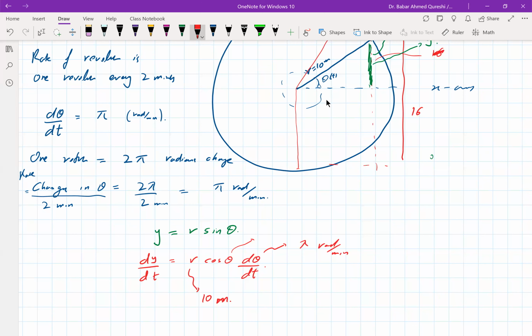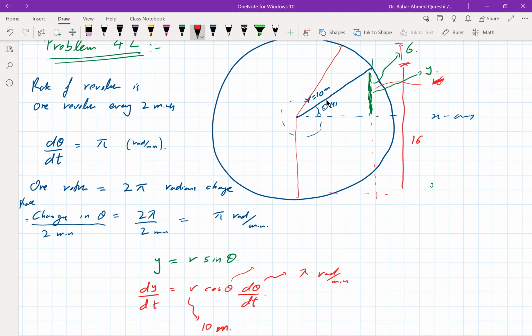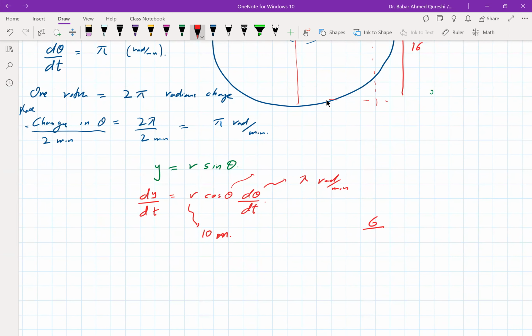What is the cosine theta when his seat is 16 meters? So I need to find what this theta is when this is 6. So I have 6 over 10 is equal to sine theta.